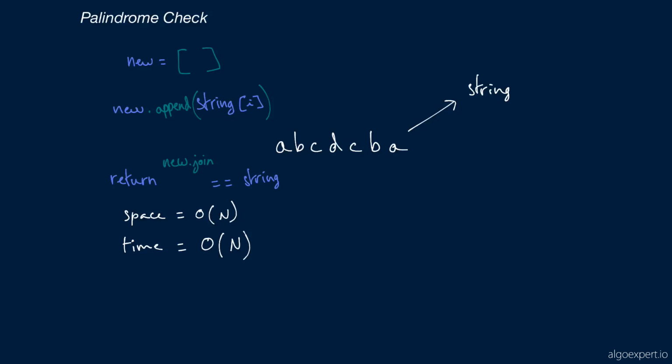So to determine whether A, B, C, D, C, B, A is a palindrome, we're saying, is the first letter A equal to the last letter A? And is the string in the middle, in between the first and last letter, a palindrome? By approaching this problem this way, we can use recursion.